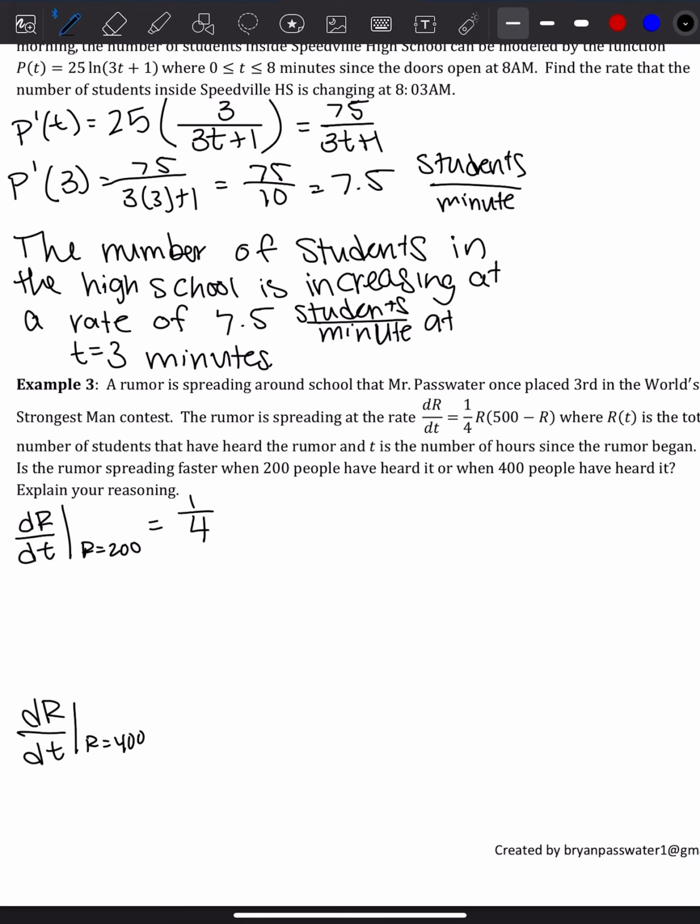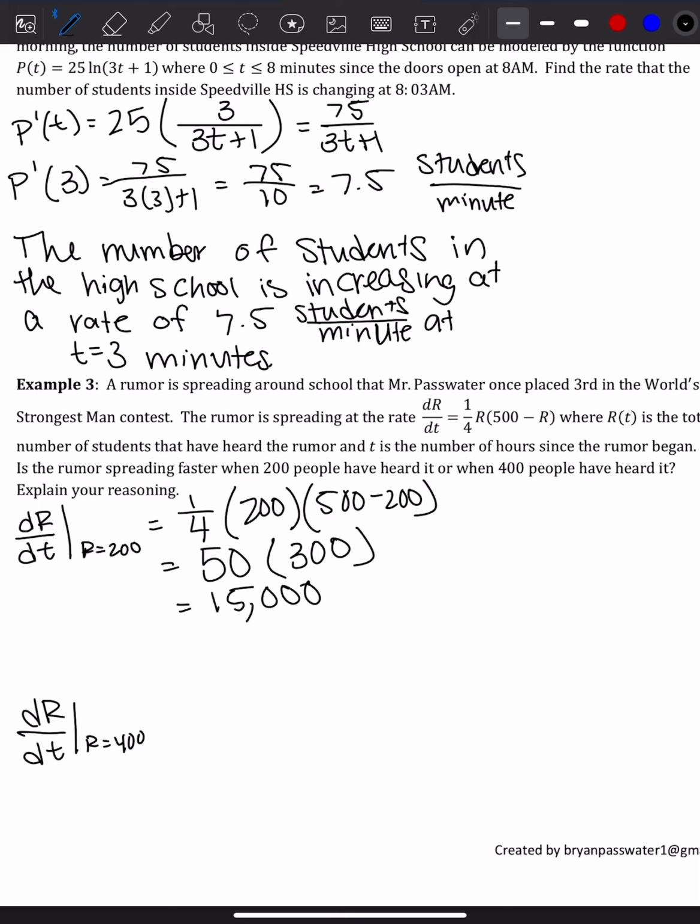So 1/4 times 200 times 500 minus 200. 200 divided by 4 is 50, times 300. 5 times 3 is 15. So we have 15,000.